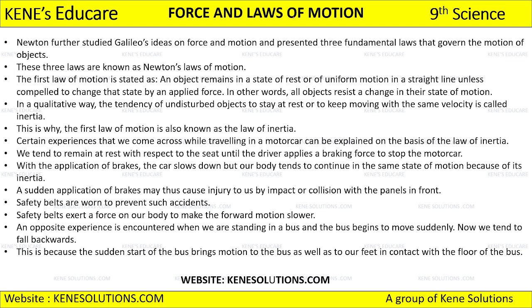Just imagine that you're standing somewhere in the center of the bus and the bus starts suddenly. Now we tend to fall backward, right? Why do we tend to fall backward? Because the sudden start of the bus brings motion to the bus as well as our feet in contact with the floor of the bus.